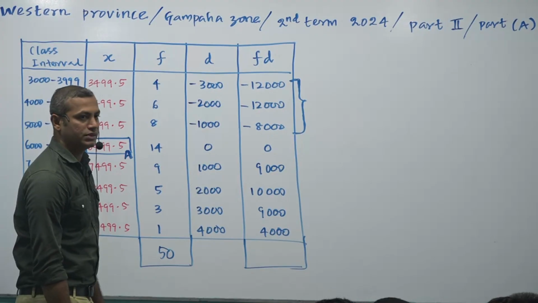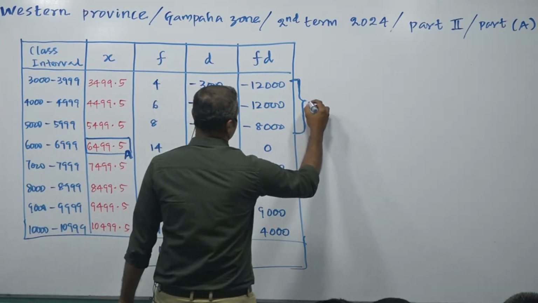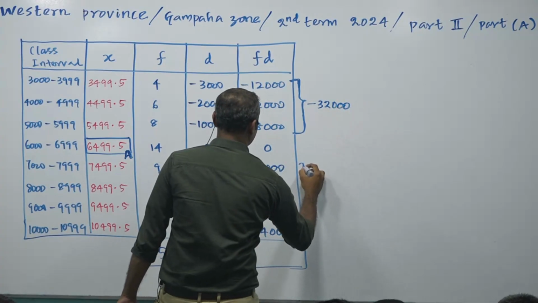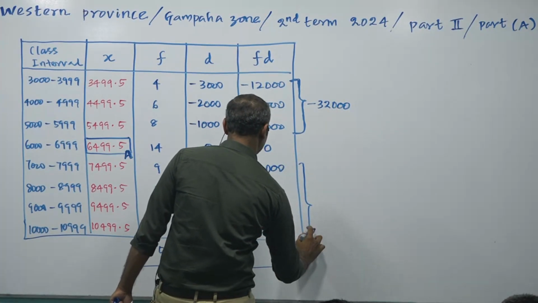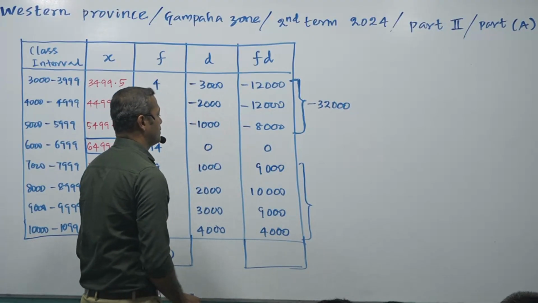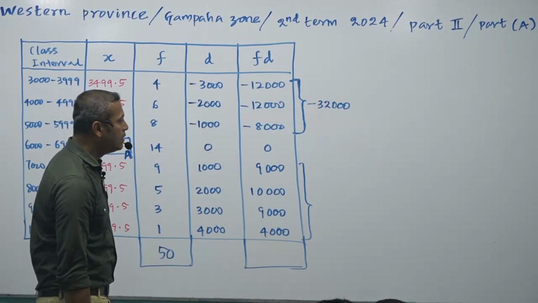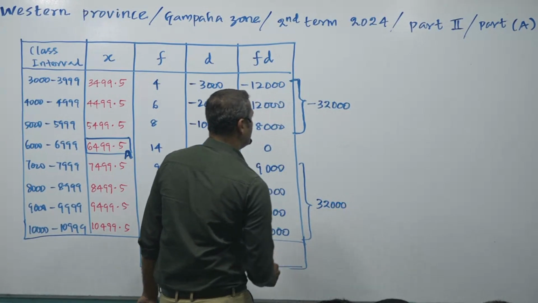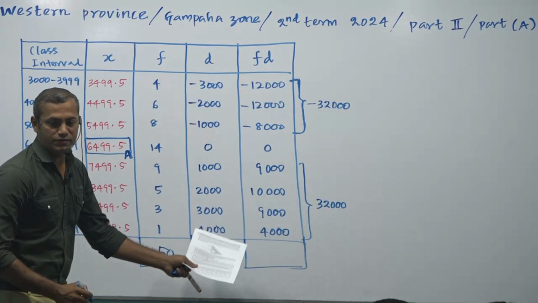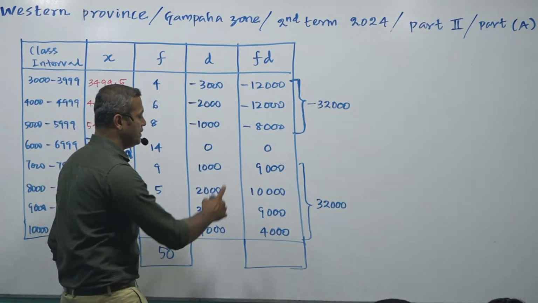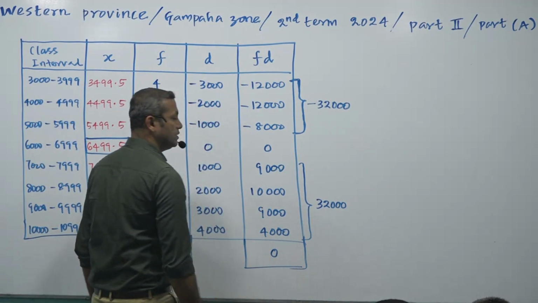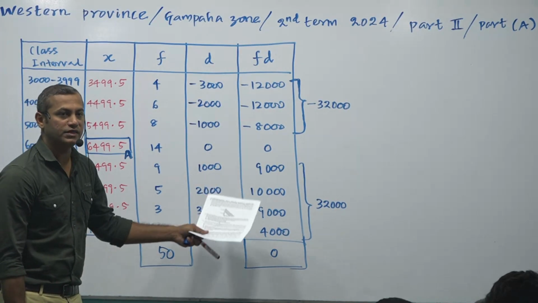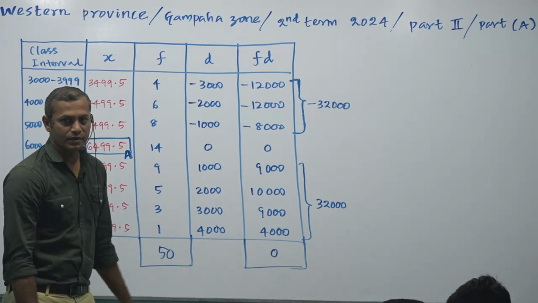Minus 32,000. Yes or no? In plus, again 32,000. So sigma fd is 0. Plus 32,000 minus 32,000 cancels. Yes?